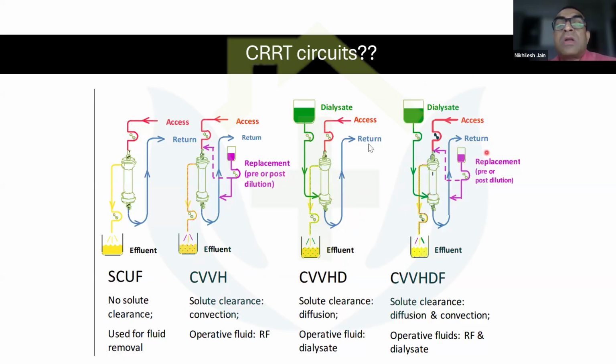Here, now you've got things which combine both CVVH and CVVHD, and then you evolve into CVVHDF. Here, replacement fluid is also there. Here, you have an access, and here you have a dialysate going directly into the dialysate. In CVVH, the solute clearance is by convection. In CVVHD, the solute clearance is by diffusion, and because CVVHDF combines both, you have solute clearance by diffusion and convection. Does this make it clear?